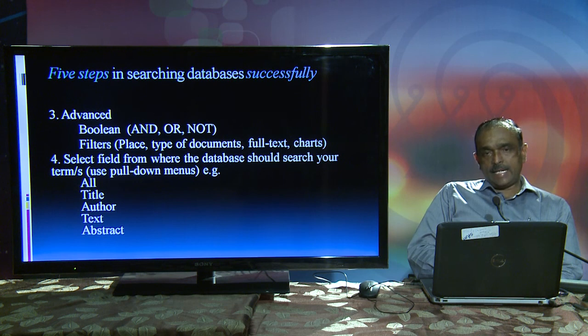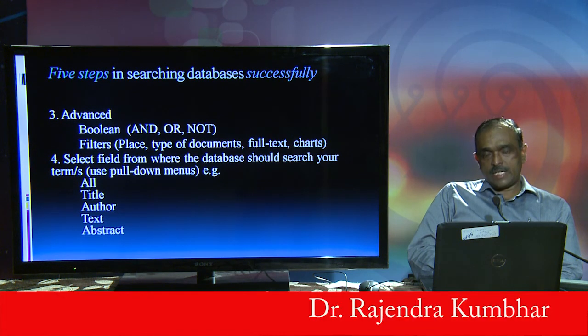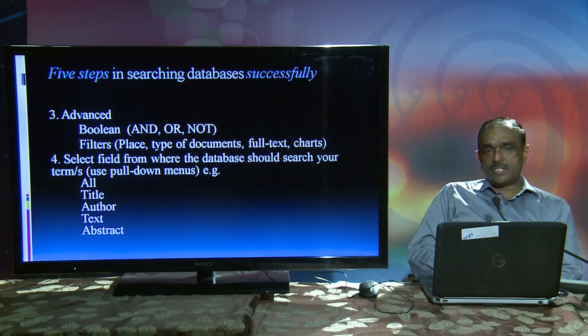So where exactly the term should be searched can be prescribed here by using the pull down menus. Of course, if you want the database to search literature on the given concept from the whole of the article, in that case the default option called All should be selected, and the database will go on searching literature related to your topic from all these places.